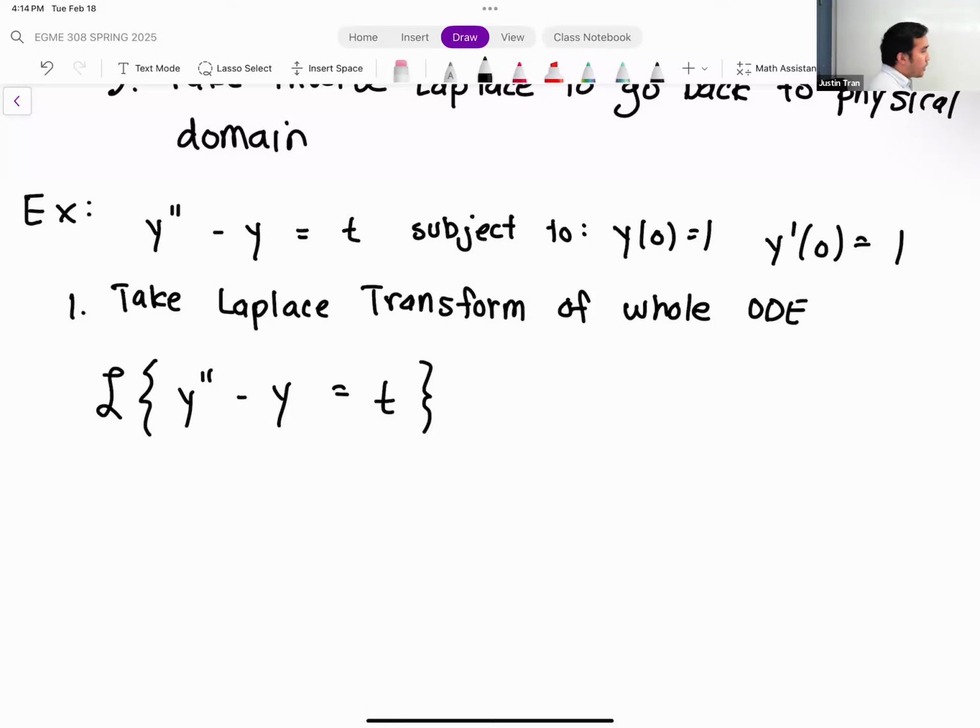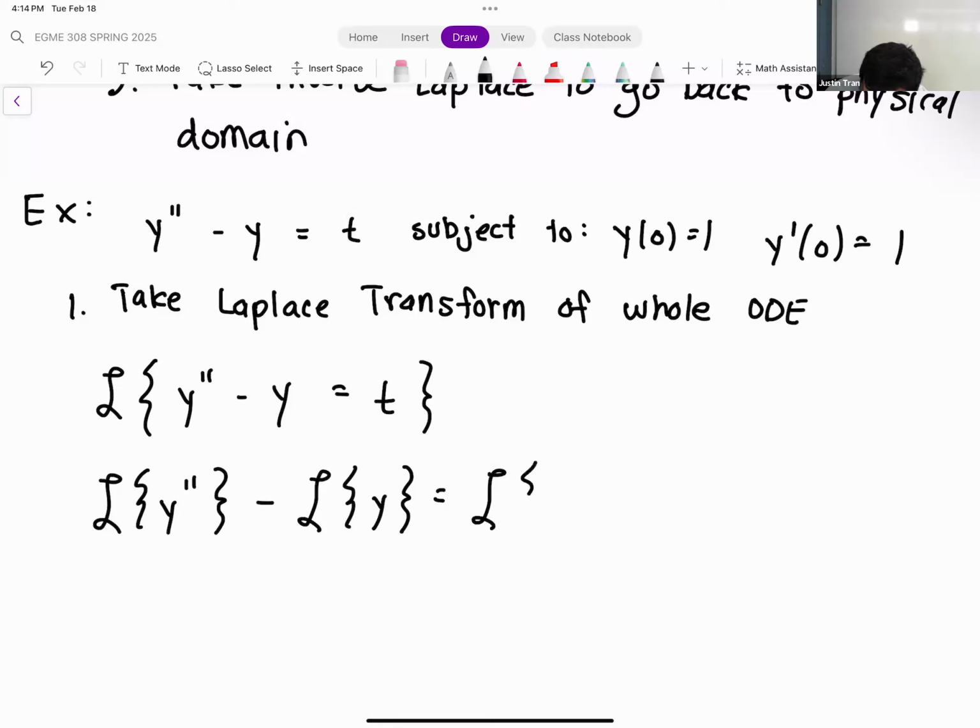Remember, Laplace transform is a linear operator, so that means we can take the Laplace transform of each term individually. So we have the Laplace transform of y double prime minus the Laplace transform of y is equal to the Laplace transform of t.